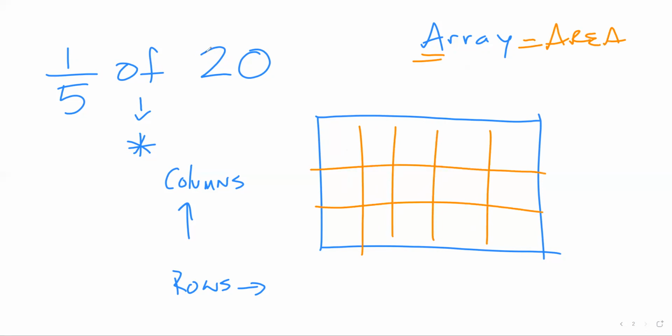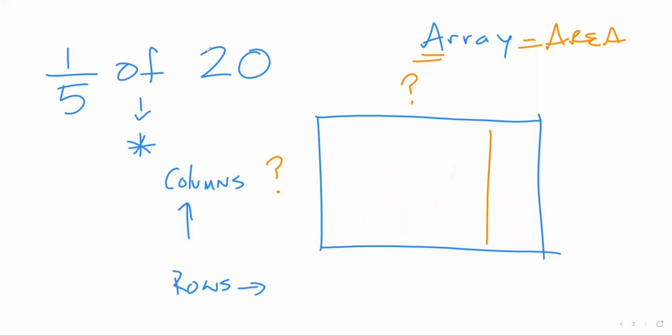This is not 20 squares, but what we do understand is that I would need 20 squares inside this. Now, that means that somehow I'm going to need some amount of rows times some amount of columns to equal 20. Well, what else do I know and what can I build off of? That is such the cool thing about math: we often just think about, what do I already know and what can I build off of?